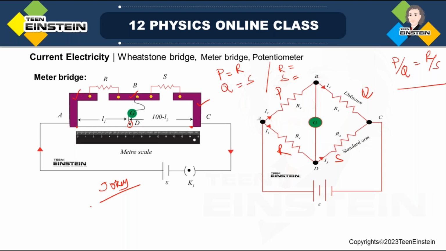So AD here, AD is what? AD is actually R here. See, this length I can find out from the scale reading up to D, and this much also we can find out from the scale reading. So the jockey is to make electrical contact.